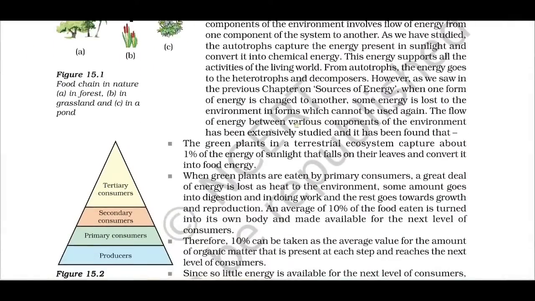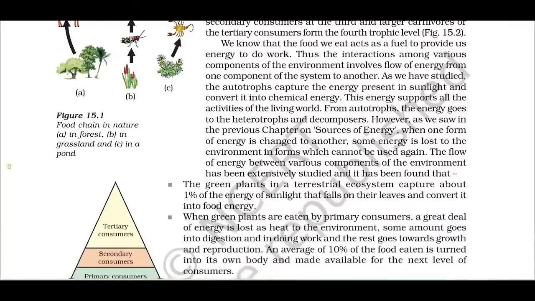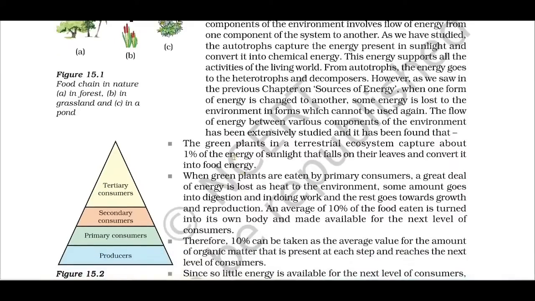And a very important concept you should know: the energy level decreases from one trophic level to another trophic level. The green plants in a terrestrial ecosystem capture 1% of the energy of the sunlight.